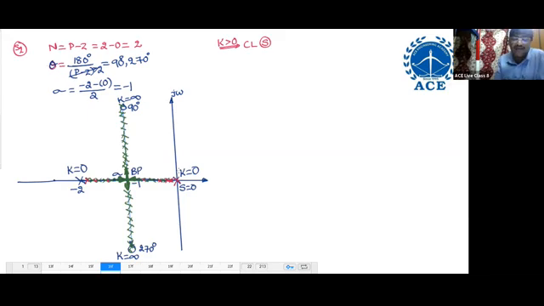So for K greater than 0, the branches completely lie in the left, and the system is stable. Okay? K greater than 0, the system is stable.